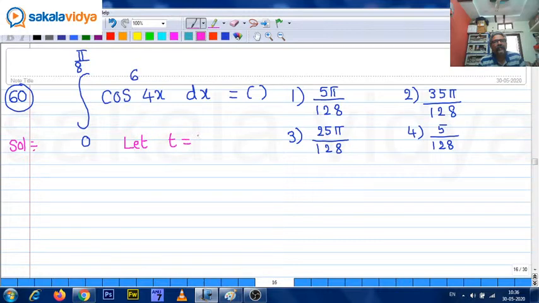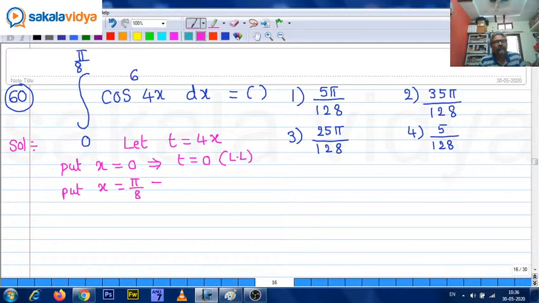Let us say t equals 4x. Put x equal to 0, then t becomes 0. This is the lower limit. Put x equal to pi/8, now t equals 4 times pi/8, that is pi/2. This becomes the upper limit.